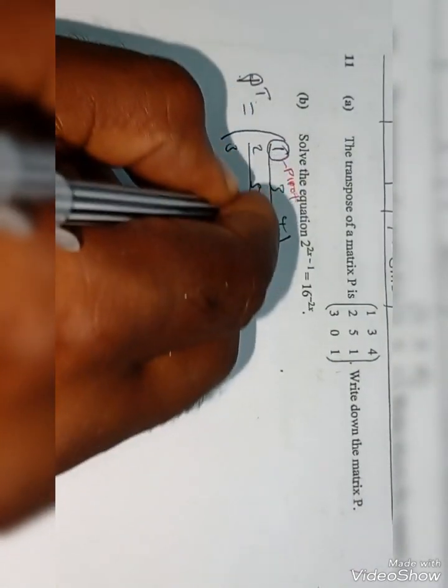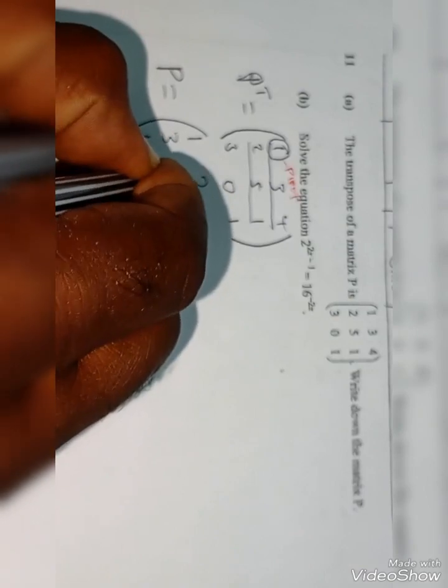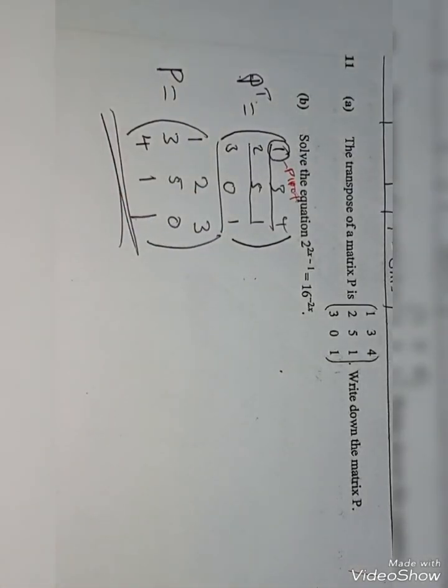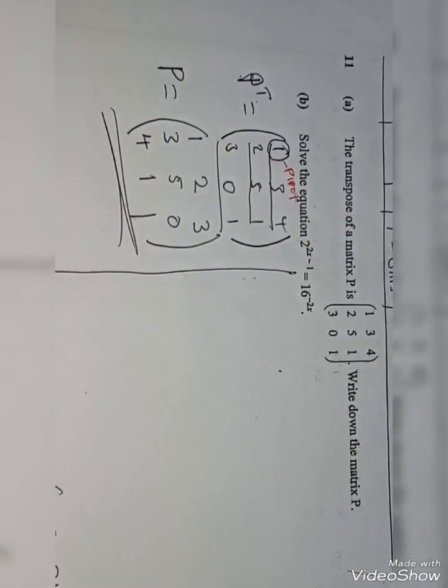Then this row, you also change it to a column: 2, 5, 1. This row, you also change it to 3, 0, 1. So this is matrix P.